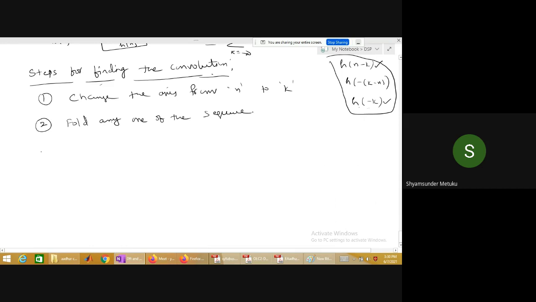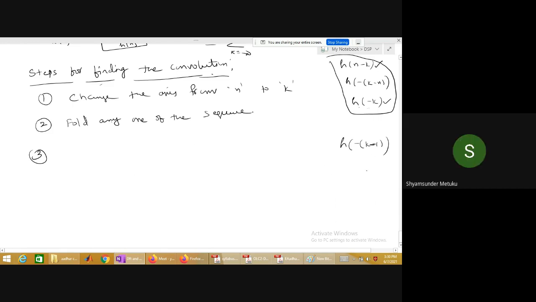The third one. If n equal to 0, it is folding. If n equal to 1, is it h of minus k minus 1? So the folded sequence is delayed or advanced if it is minus 1 here? Delayed. So the folded sequence must be delayed.